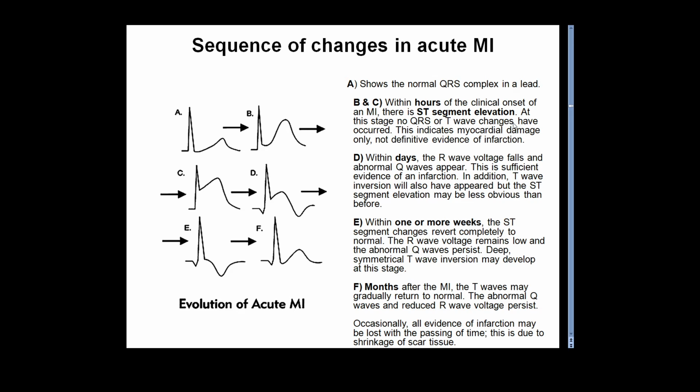D: within days, R wave voltage falls and abnormal Q waves appear. This is sufficient evidence of an infarction. In addition, T-wave inversion will also have appeared, but the ST segment elevation may be less obvious than before.